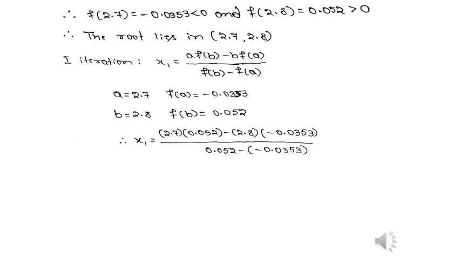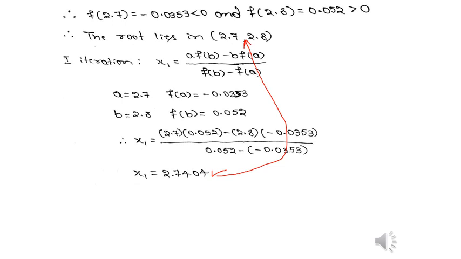So simplify this. Here we have substituted all the values in this formula. Simplify using scientific calculator. X1 is the new root between 2.7 and 2.8.